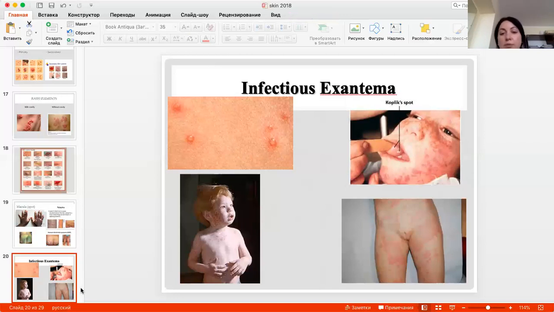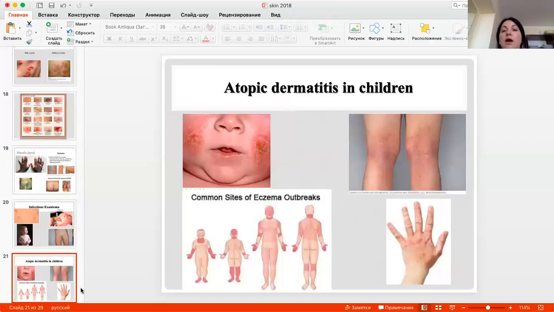It is a maculopapular rash. Another very frequent skin disorder in children is atopic dermatitis. Atopic dermatitis has two important forms. One is typical for young children; we call it eczema, and the other is neurodermitis, which is typical for older people. The localization of rash is different.